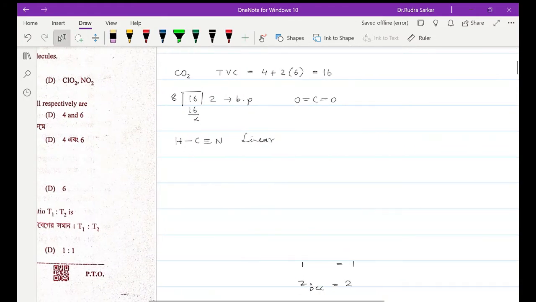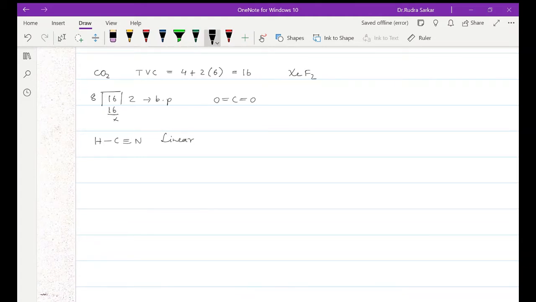What about XeF2? Now for Xe we know it is 8 plus 2 into 7, giving you 22. 22 is greater than 8, so you divide by 8.